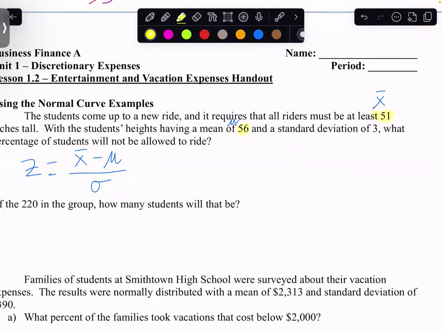The standard deviation is still 3, so that's sigma. So 51 minus 56 all over 3. 51 minus 56 is negative 5, and then negative 5 divided by 3. The decimals go on forever, so I'll round to negative 1.67.